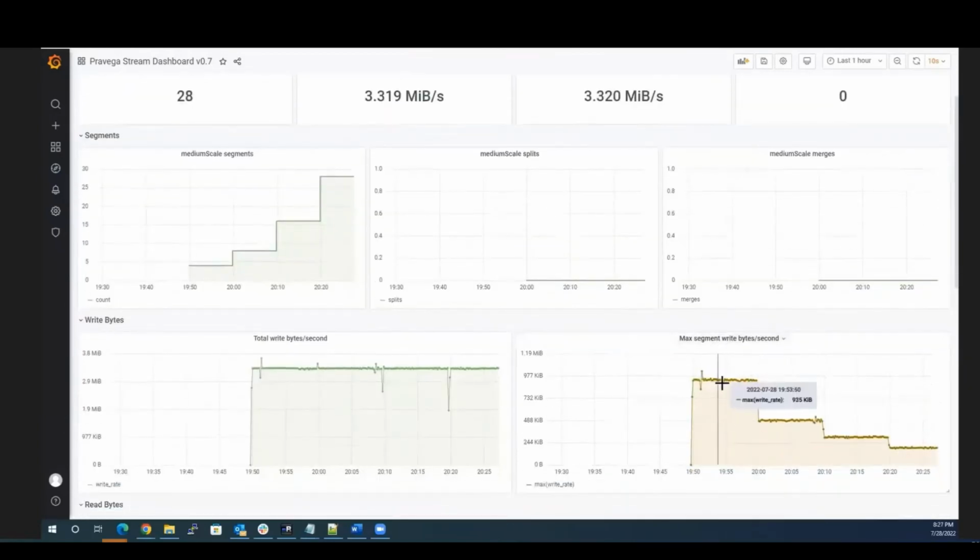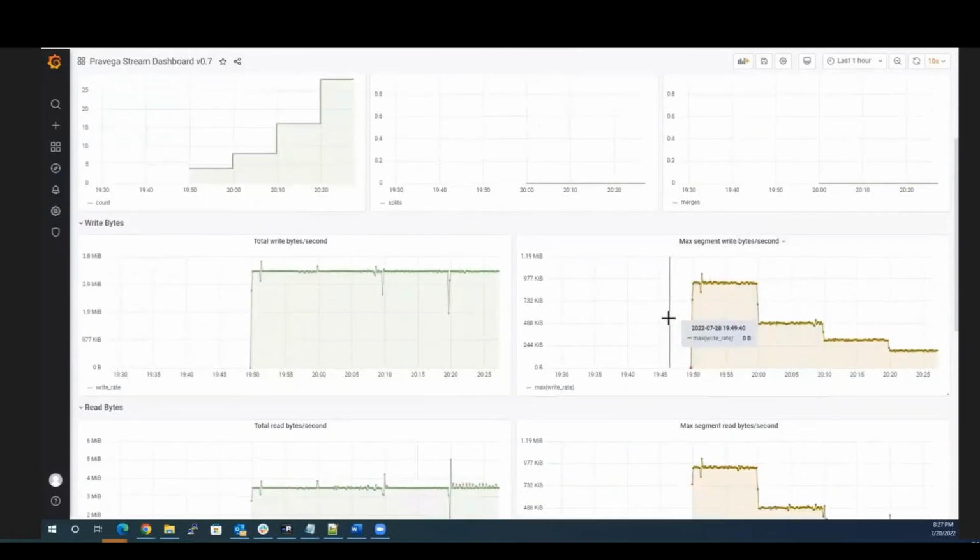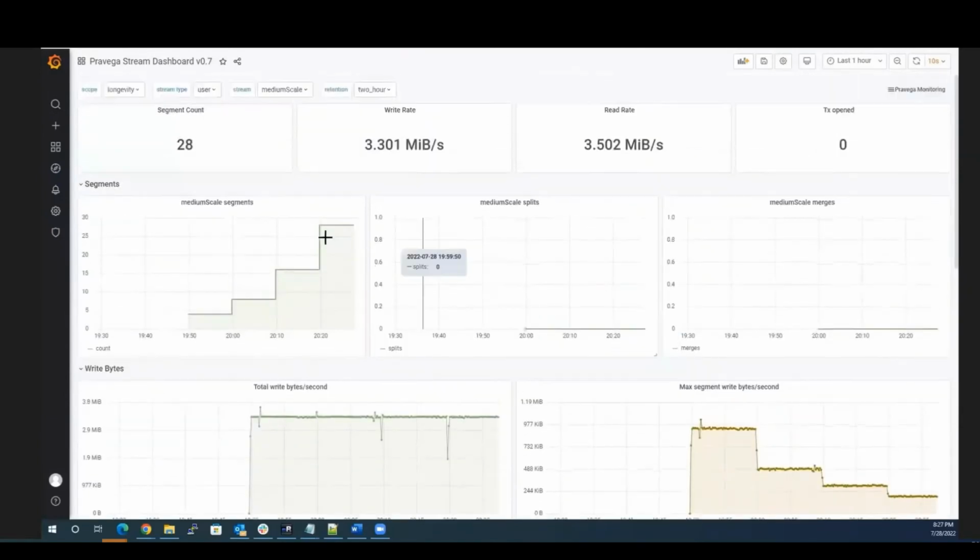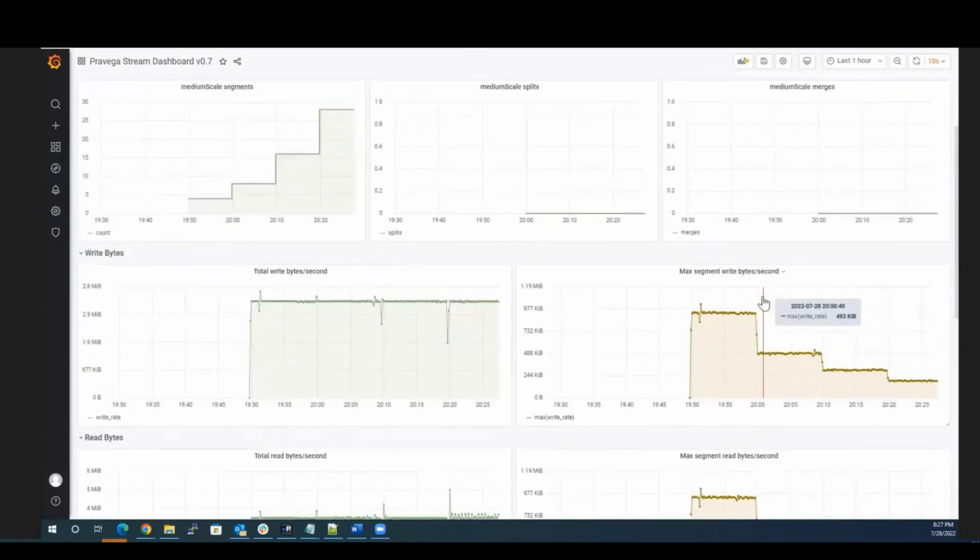So as we can see from the graph here, the IO workload that has been appended per segment level gets reduced by each segment split that occurs.